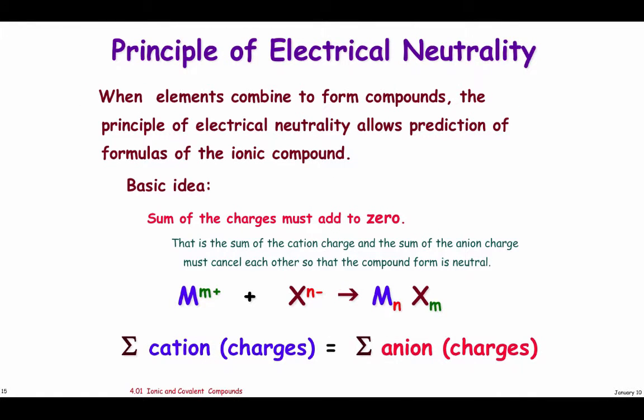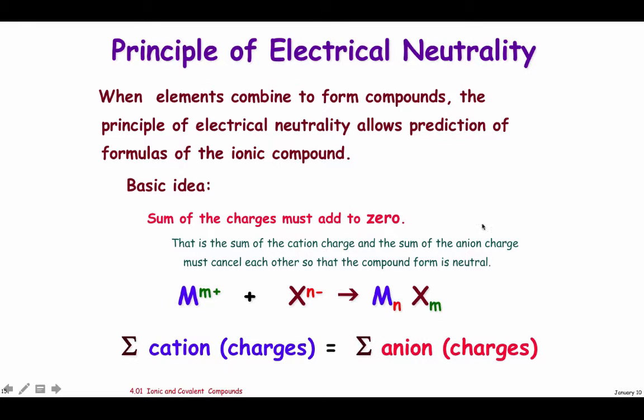And in fact, whenever you write an ionic compound, you always want to remember the principle of electrical neutrality. That is, the sum of the charges of the cation and the anion when you write the formula has to add up to 0. The cation charges equal the anion charges.